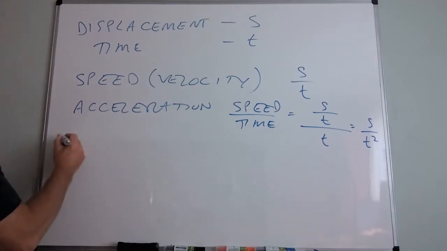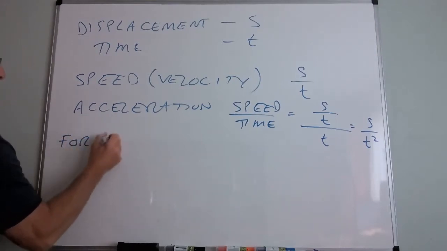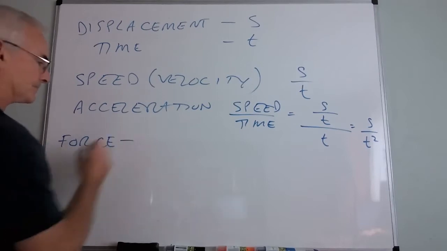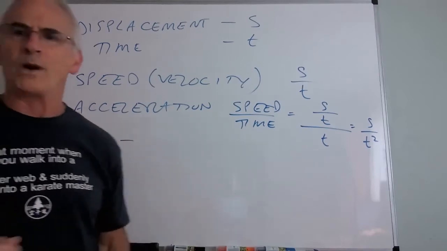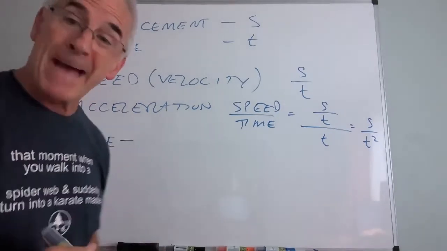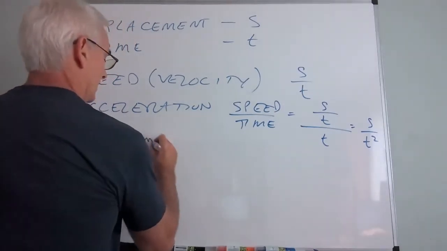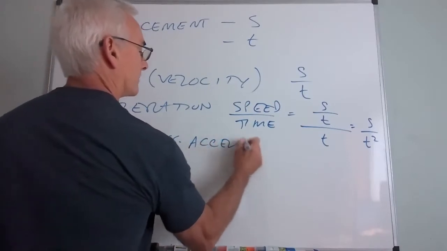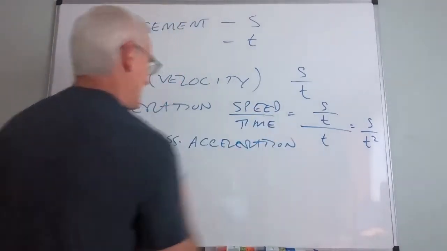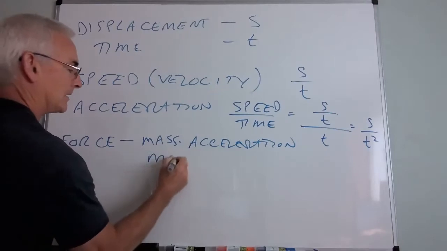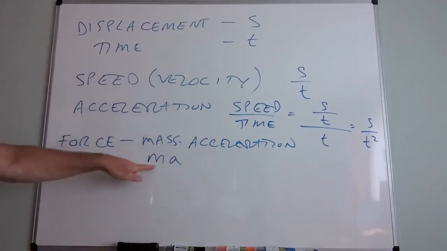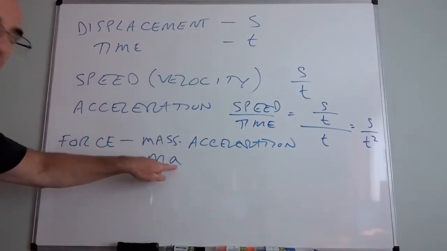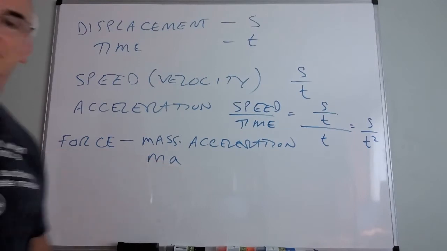Now, what about force? That's the first major one. Force, okay, well, what is force? Force is mass multiplied by acceleration, okay? And we generally use MA. Little m is generally mass, little a is generally acceleration. Now, what is mass?